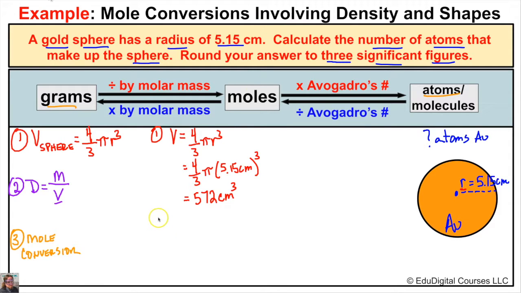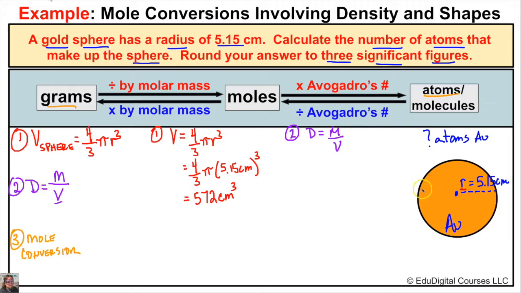In step 2, let's go ahead and use the density formula. We know density is equal to mass divided by volume. We know the volume, it's right here. And if we take a look at some sort of density table, we can figure out the density of gold.